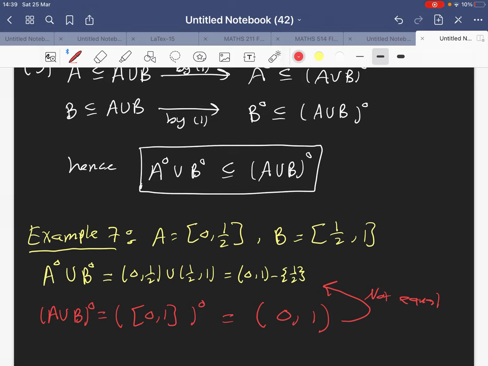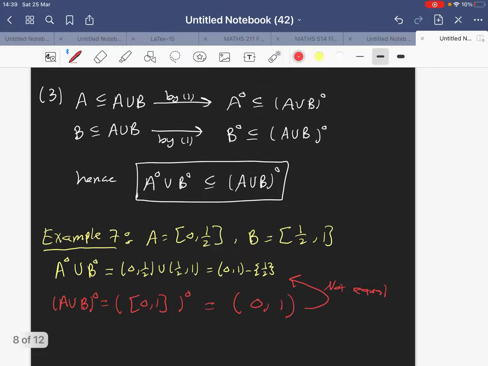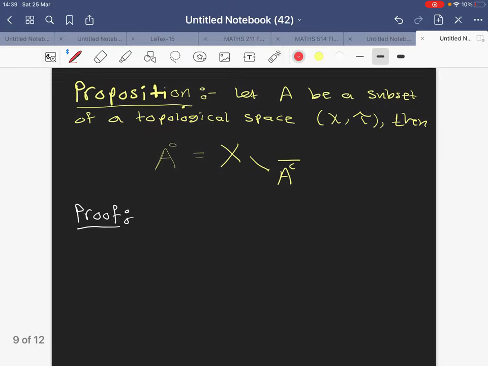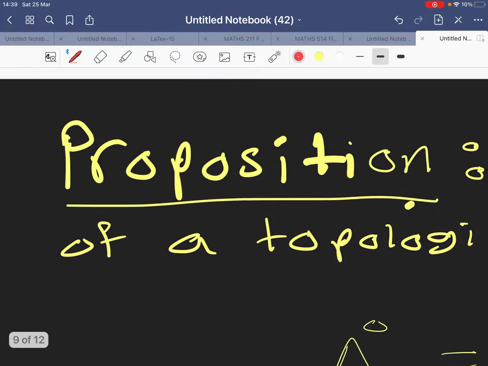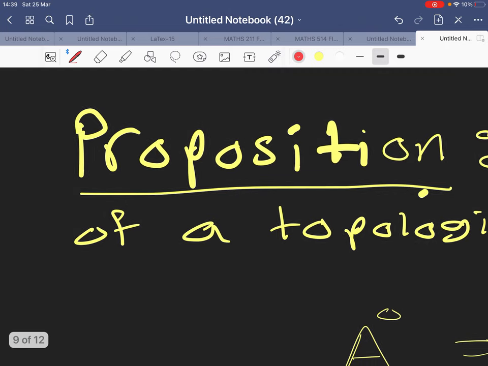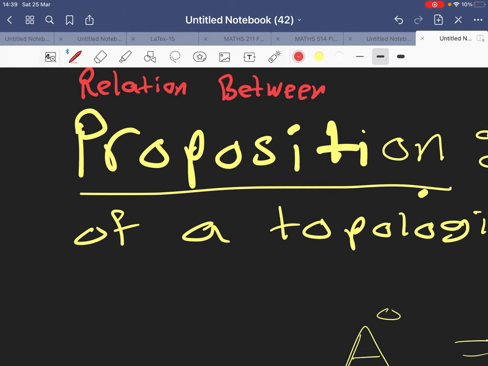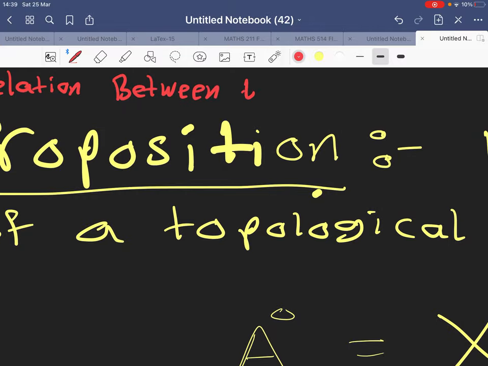Next, we want to explore some of the relation between the interior and the closure. So if you allow me here, I will just write: relation between the interior of a set and the closure.